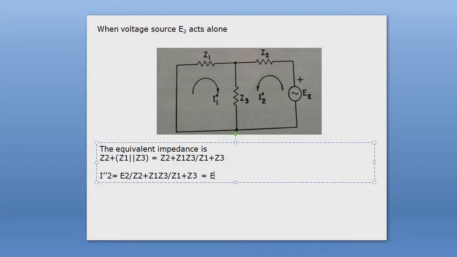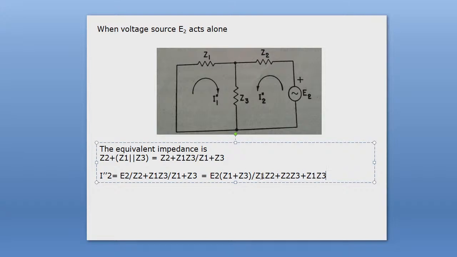We can write E2 into Z1 plus Z3 divided by Z1 Z2 plus Z2 Z3 plus Z1 Z3.